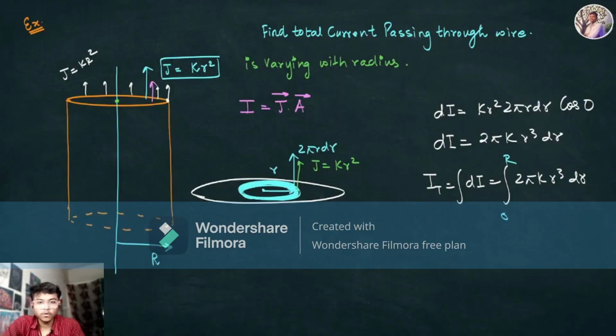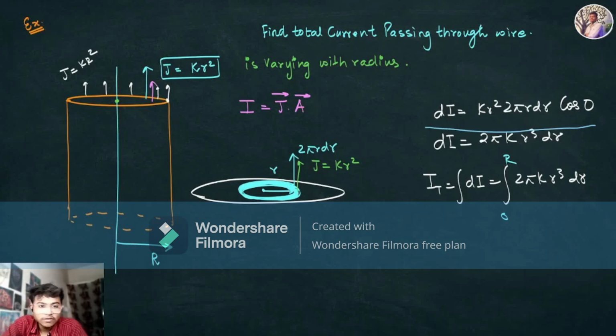Okay. So if we have a condition where we have to find the total current passing through the wire, there is a derivation behind it, but I'm not going through it. You can go through some books. I'll just tell you how it works. We have dI.